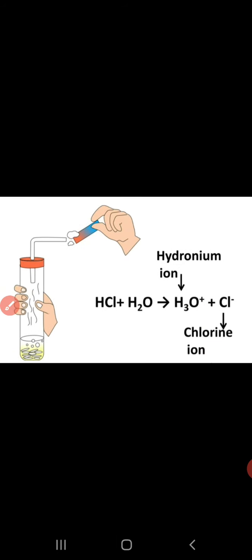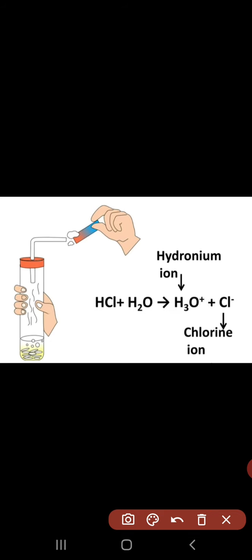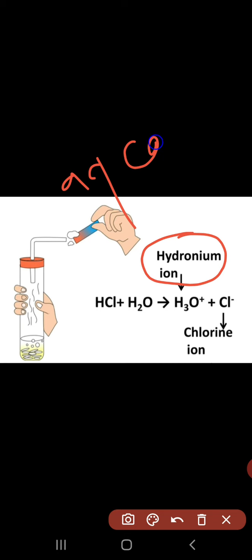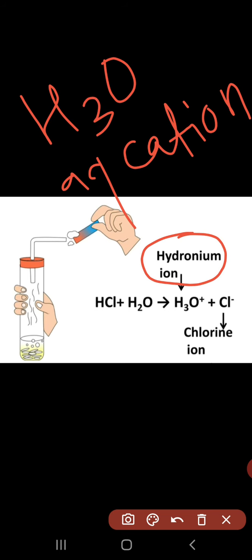Now here, hydronium ion. So what is meant by the hydronium ion? Hydronium ion means it is an aqueous cation. It is H3O plus.